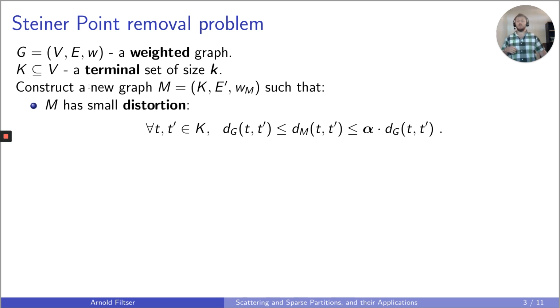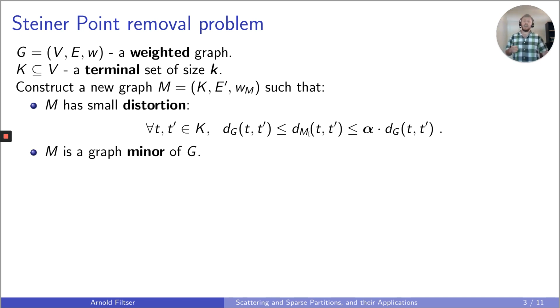First, we want to preserve the geometry of the original graph with respect to the terminals. That is, we want the distance, by which I mean the shortest path distance in the graph, for every pair of terminals t and t' to be at least as large as the original distance in the graph G, and at most alpha times larger than the original distance. So this is, in a sense, preserving the geometry of the original graph.